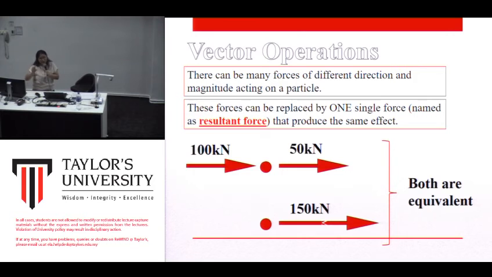Do you get the idea? So 150 is what we call the resultant force. That is the result when you add two forces together. So far so good?